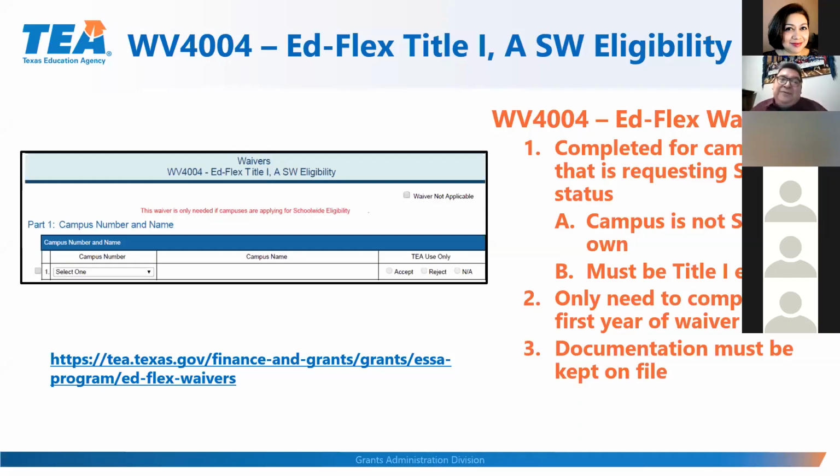You will have to complete this to designate which campus, so that our program area, when they look at this, can verify that you have the documentation that's required. And on our EdFlex waiver webpage, which is listed on the bottom, there's a link to it. You will find those forms to complete that you have to maintain locally.